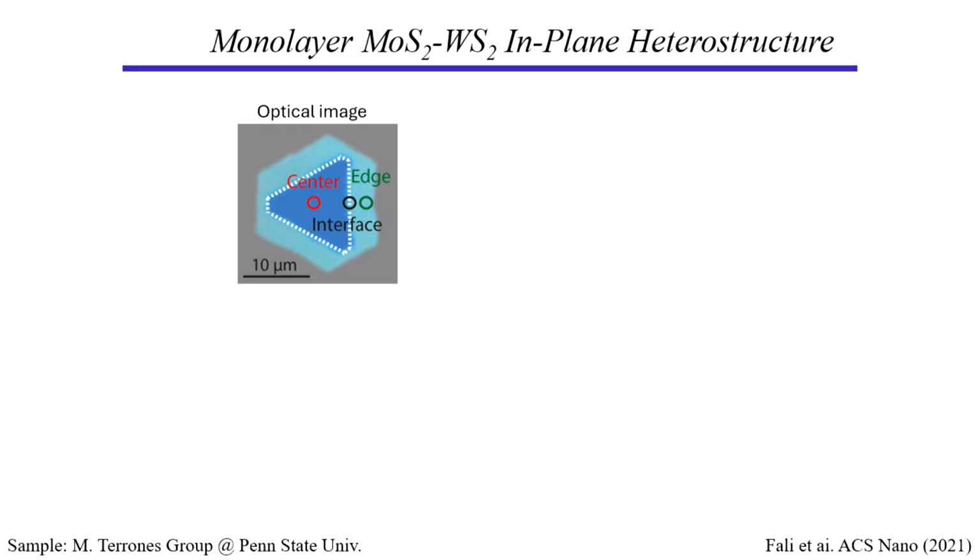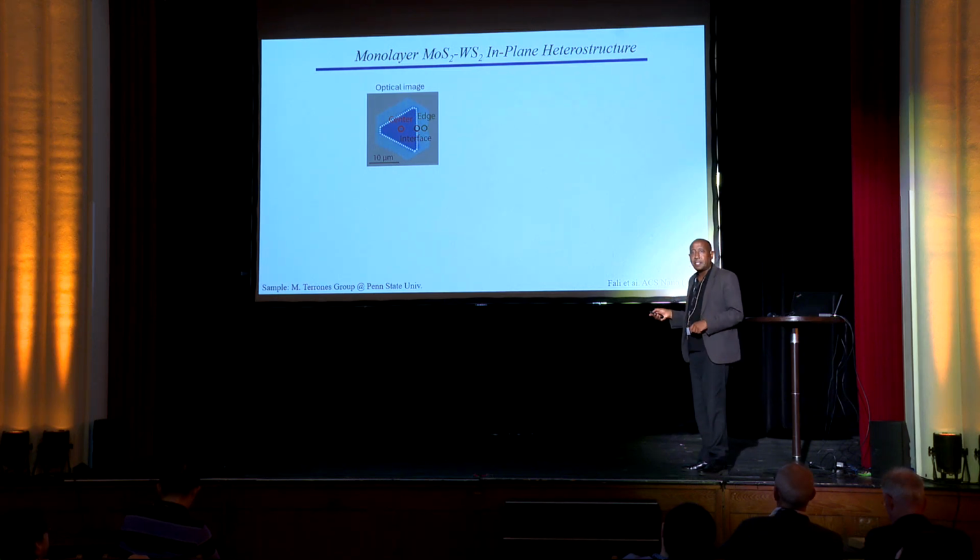So the first system we studied a few years ago was something like this, an in-plane heterostructure, where the outside is tungsten disulfide and the inner is molybdenum disulfide, and you have this interface, which is about 100 nanometers thick.